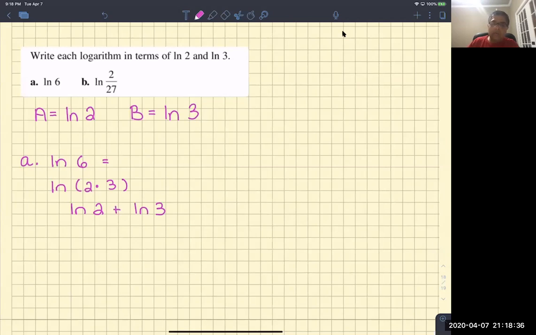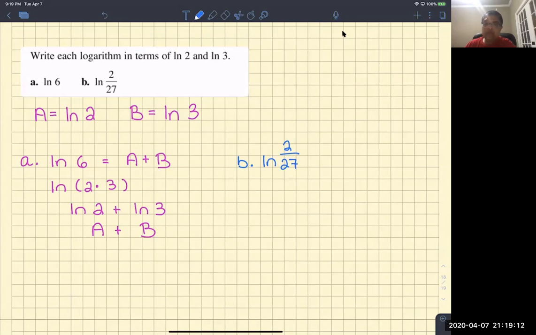Now, per my instructions, A was the natural log of 2 and B was the natural log of 3. So the natural log of 2 is A plus the natural log of 3 is B. So the natural log of 6 can be rewritten as A plus B. Now, we're going to do the same thing, but with the natural log of 2 over 27.